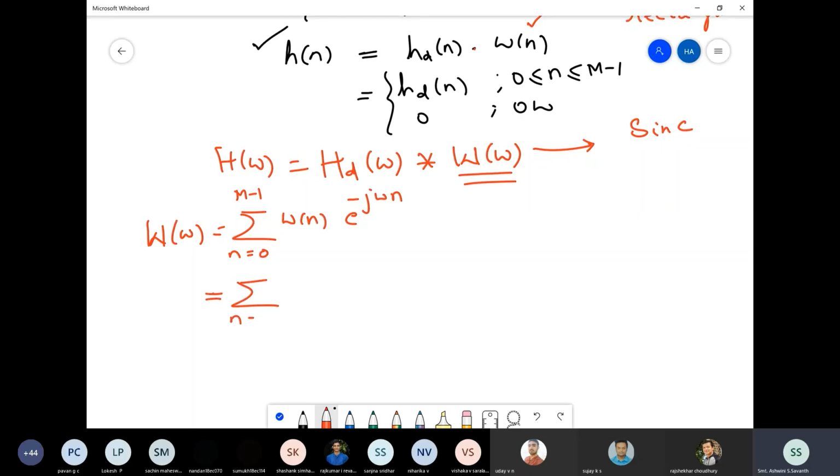It is 1 for n = 0 to M minus 1, so we have the summation of 1 times e power minus j omega n. What will this be? 1 minus e power minus j omega whole to the power M, right? So that will be capital M here over 1 minus e power minus j omega.